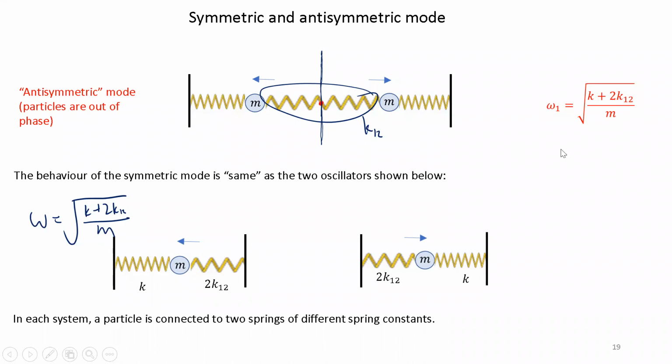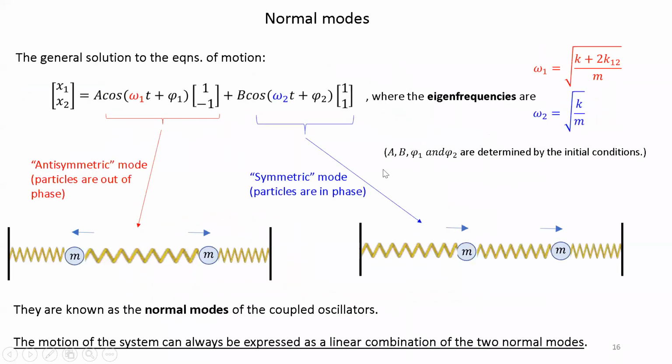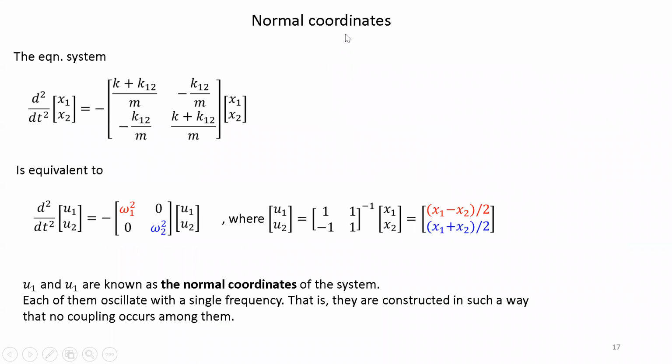Okay, so next, let me introduce one thing which is known as the so-called normal coordinates. There is nothing new here, no new skills essentially, but this is just a definition of the so-called normal coordinate.